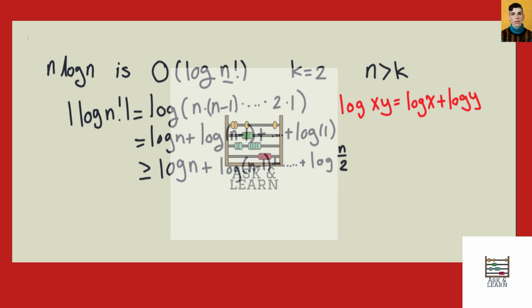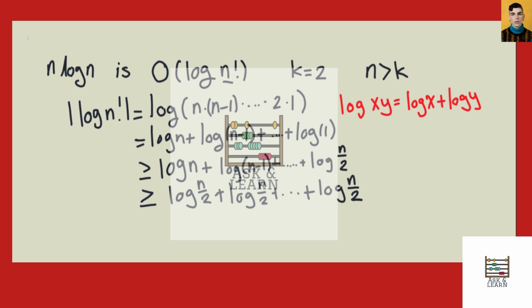Okay, and that must be greater than or equal to log of n over 2 plus log of n over 2, and so on and so forth, plus log of n over 2.